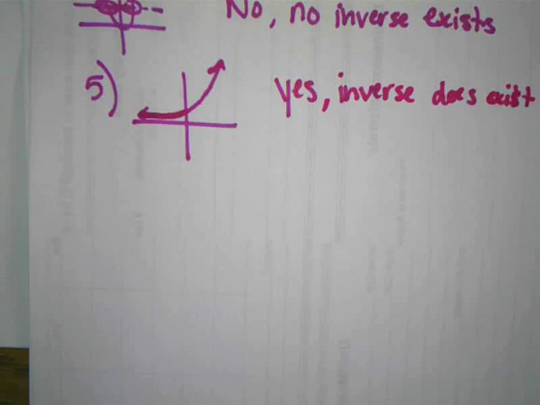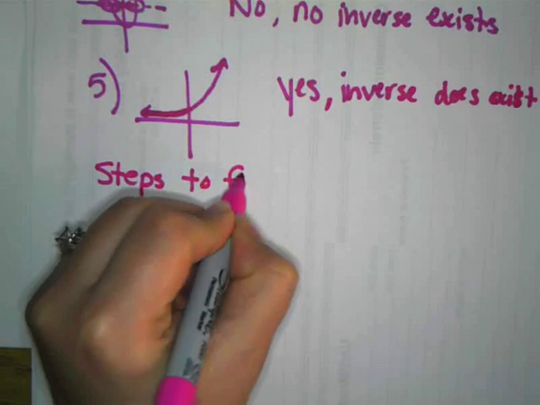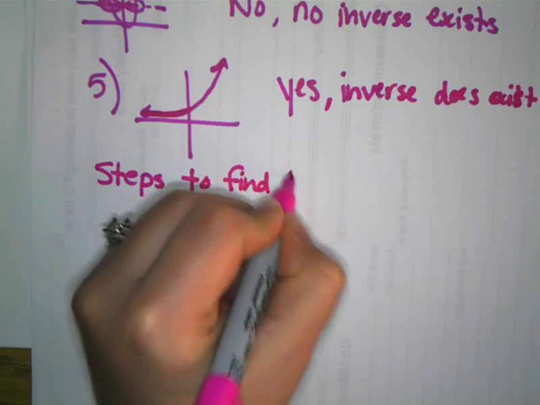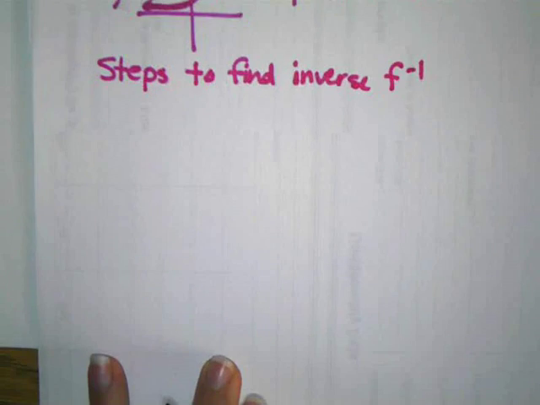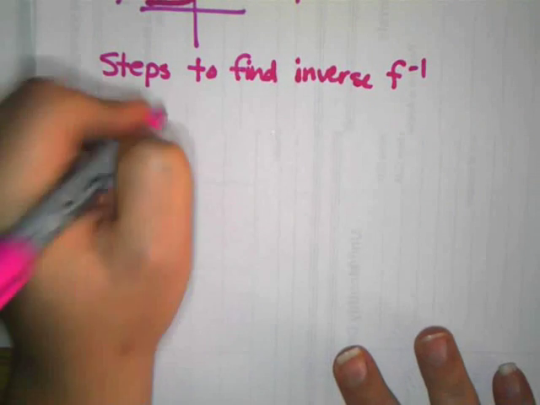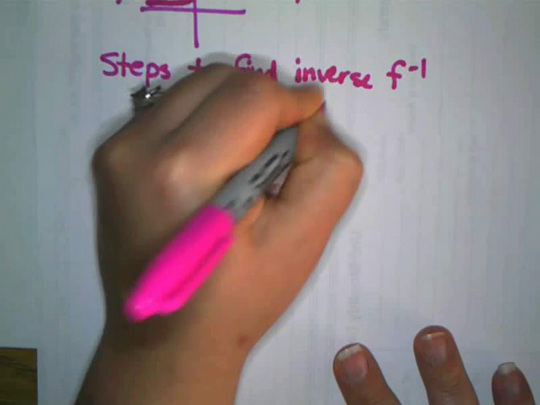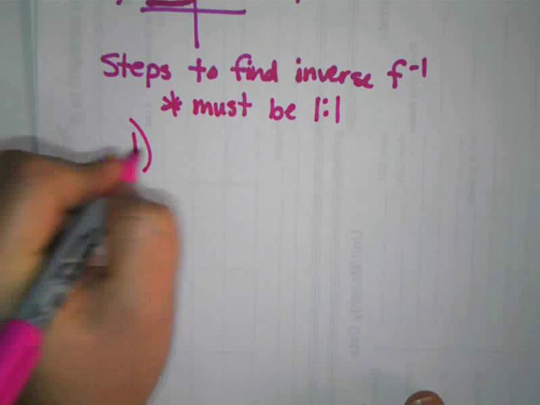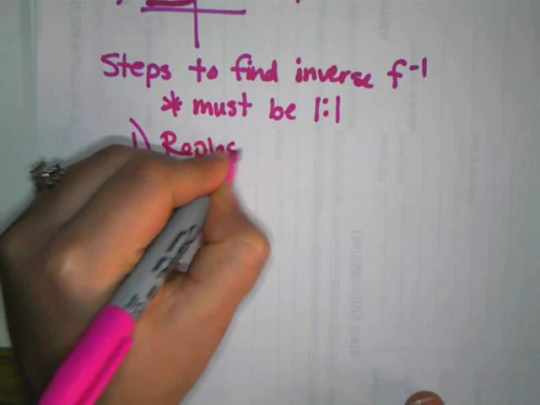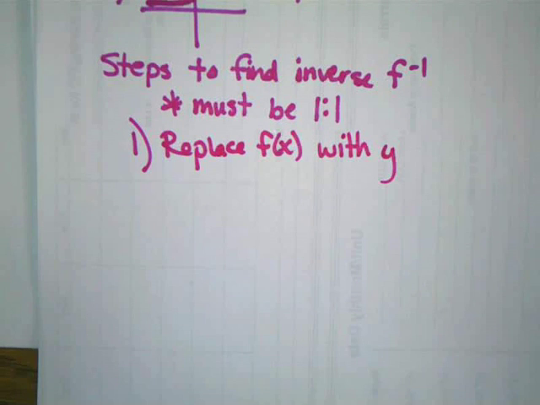Okay. Here are your steps to find the inverse. I think these might be one of my favorite sets of steps in algebra. First thing we have to check is it must be 1 to 1, just like we answered those previous questions. If it's not, there's no inverse. Here's the steps. Replace f of x with y.